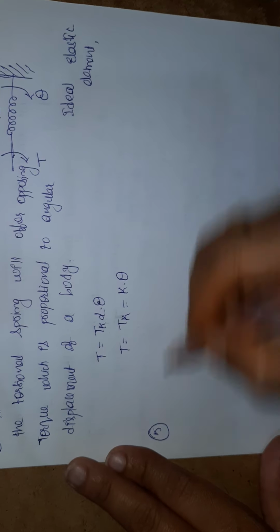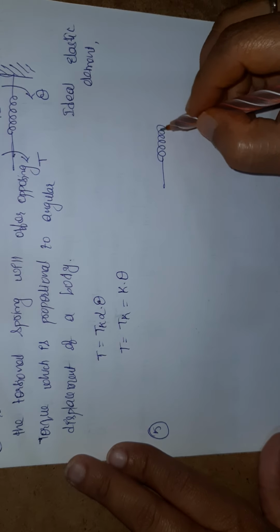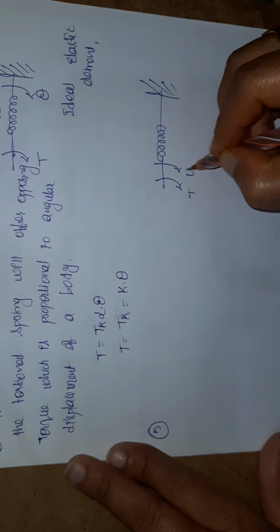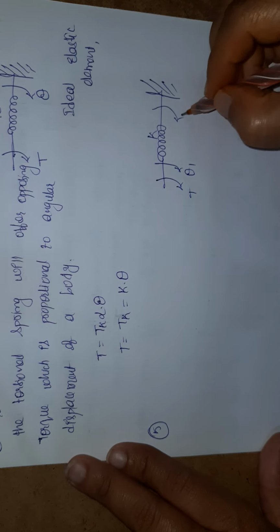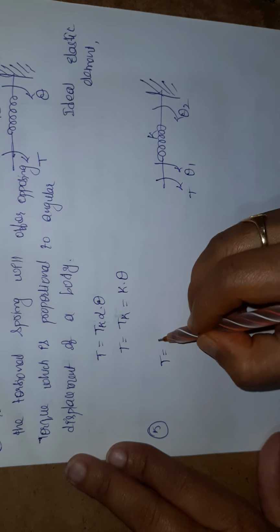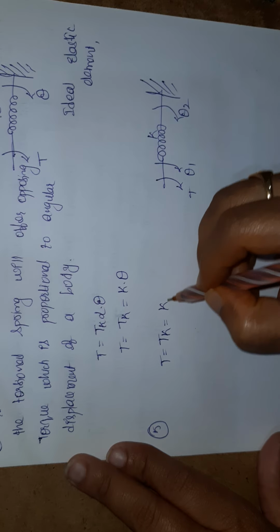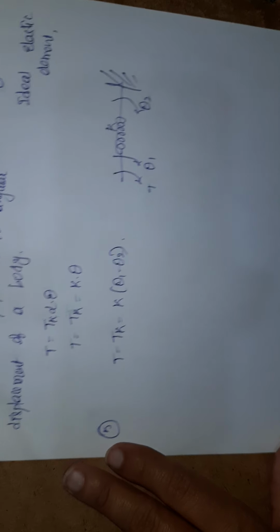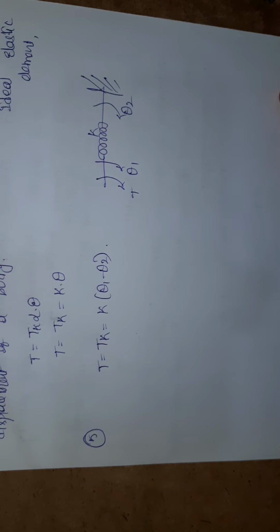And fifth case, if this torsional spring is in between two displacements, then T is equal to Tk is equal to k into theta 1 minus theta 2. So these are all we discussed in the last sessions. Now we are going to do a problem.